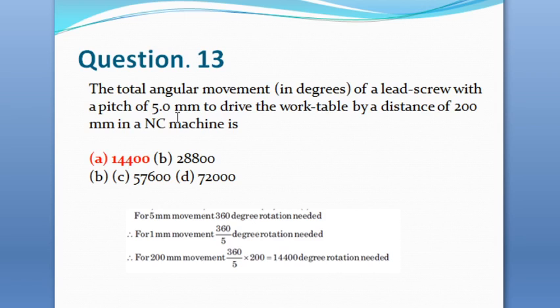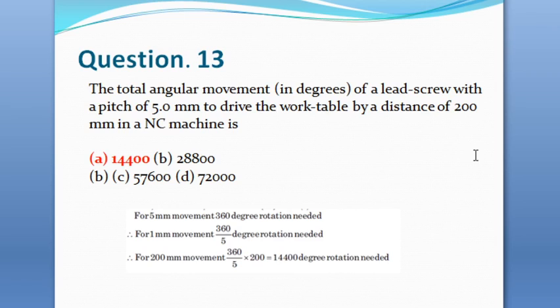We have to calculate the angular movement in degrees for rotating the lead screw for the distance of 200 mm. In previous problems, we calculated the linear distance of the table from the degrees and pitch value. Here, we have to calculate the angular movement of the lead screw.